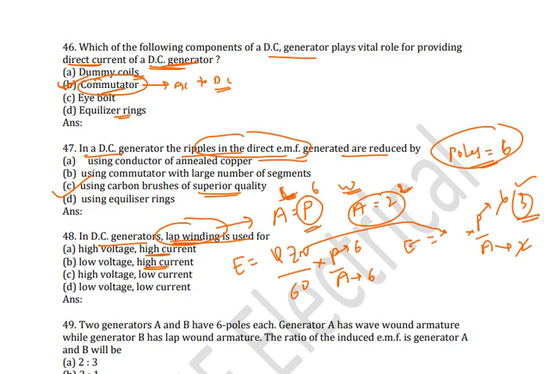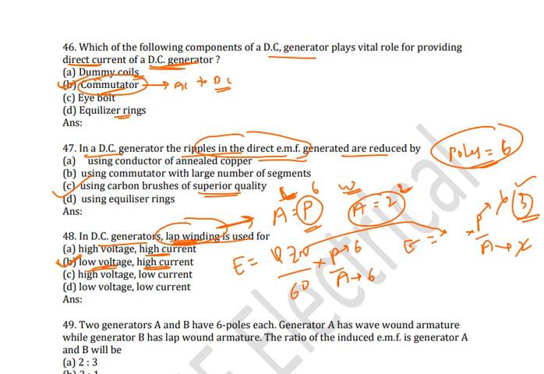Simply put, in DC generators lap winding has more parallel paths, so more current, and we use it for high current, low voltage applications. Wave winding is used for high voltage, low current applications.